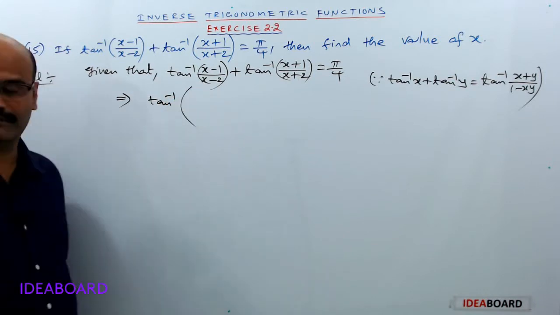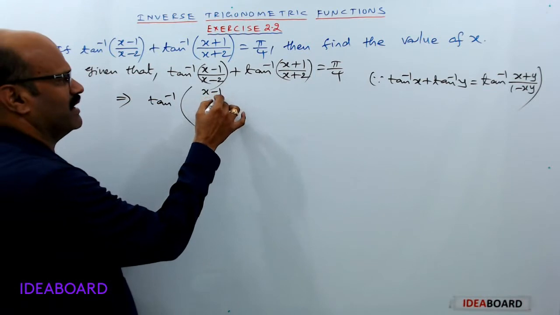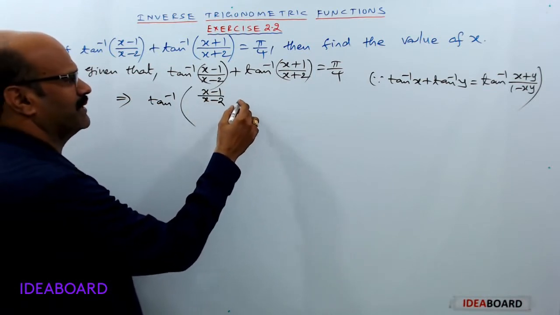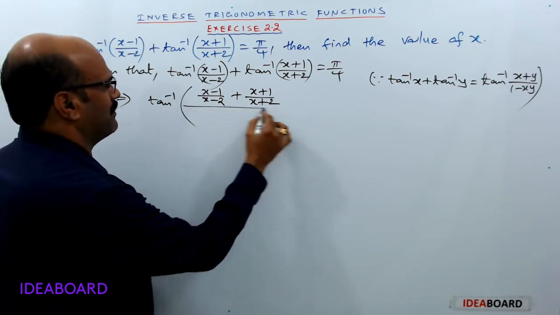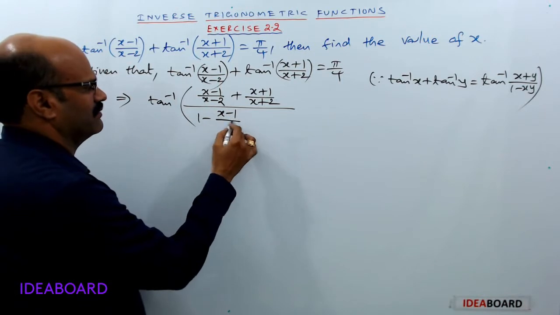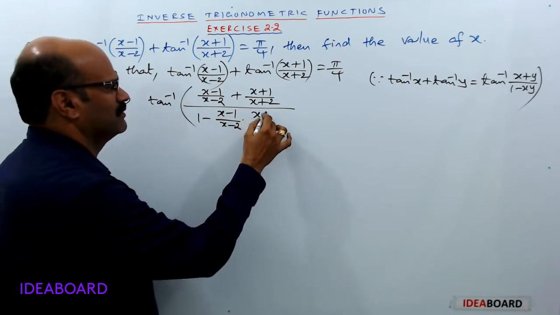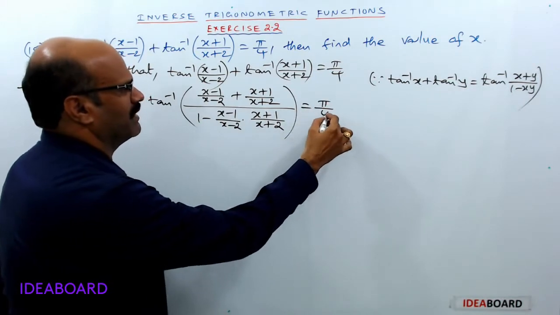So tan inverse of x plus y, that is x minus 1 by x minus 2 plus x plus 1 by x plus 2 upon 1 minus x minus 1 by x minus 2 into x plus 1 by x plus 2 equal to pi by 4.